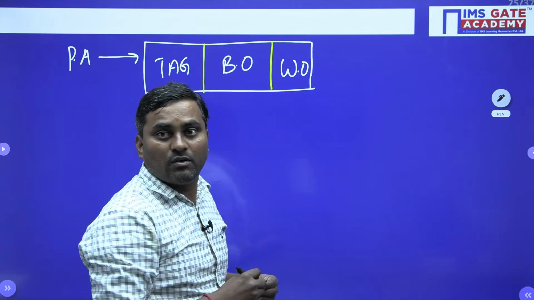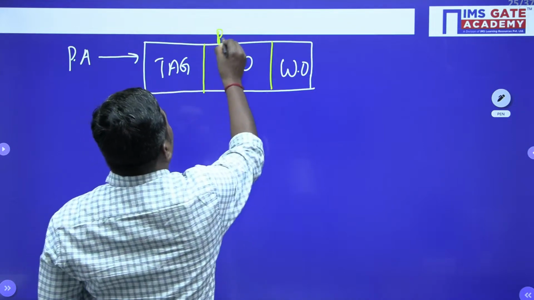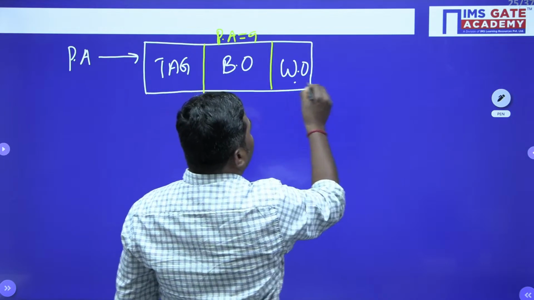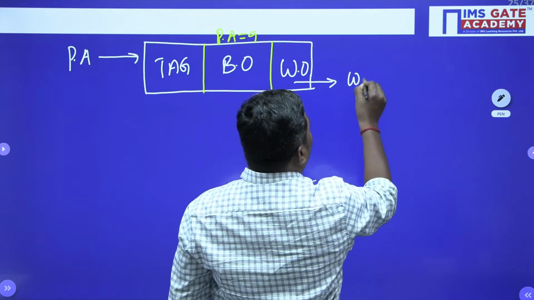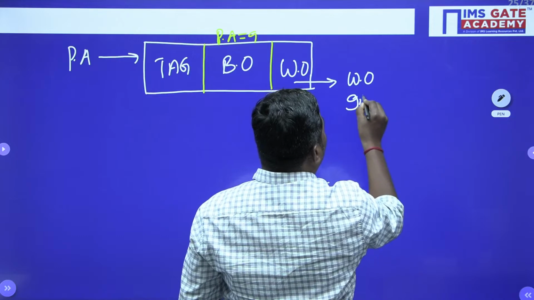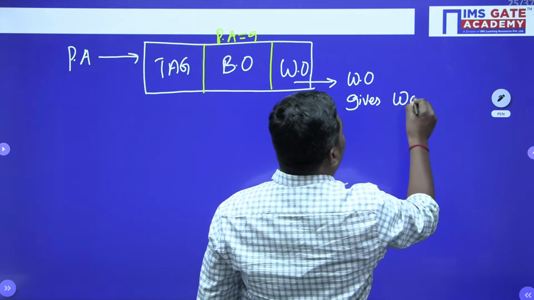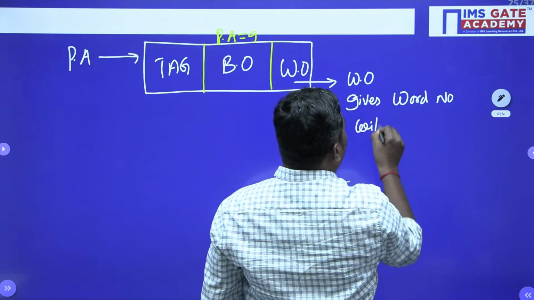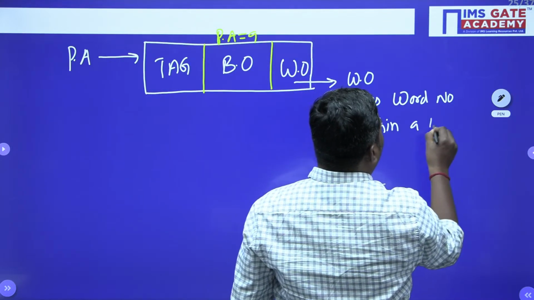Now, how many bits was the physical address? The physical address is 9 bits, right? Now please understand, this word offset W gives the word number within a block.